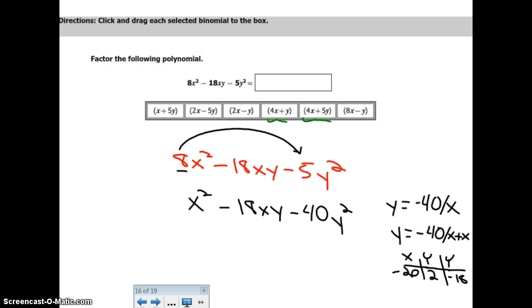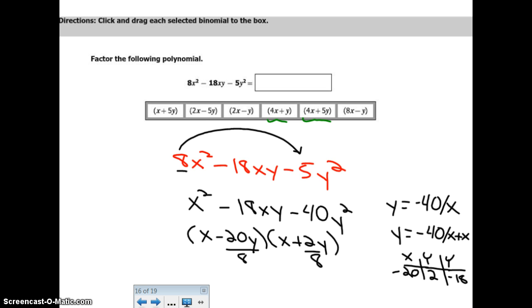So that means that our factors are going to be x minus 20. Well, we're not done yet, but x minus 20. Since there's a y squared, I'm going to put a y there. And the other one's going to be x plus 2y, so there's the other y here. But then, since we multiplied by 8 originally, you have to divide this by 8 and divide this by 8.